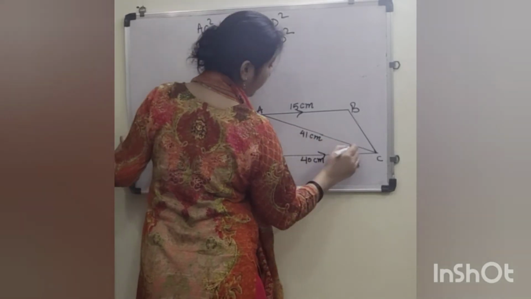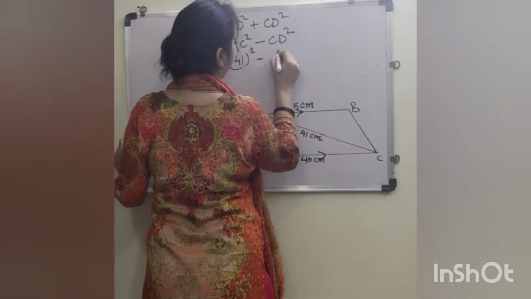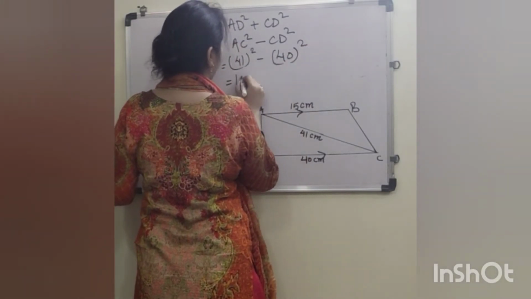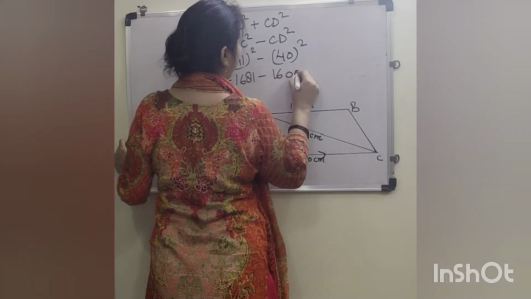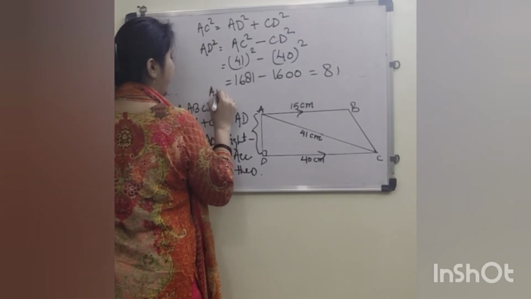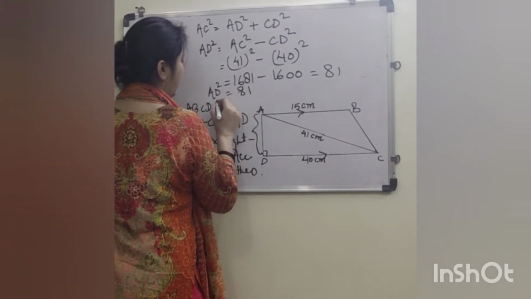AC square means 41 square minus 40 square. That means 1681 minus 1600. That gives you 81. That means AD square is equal to 81.